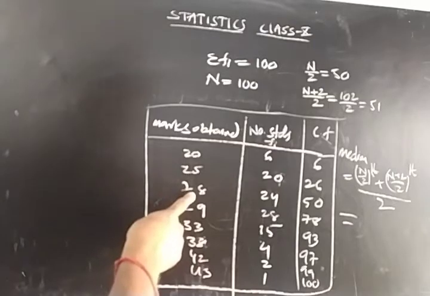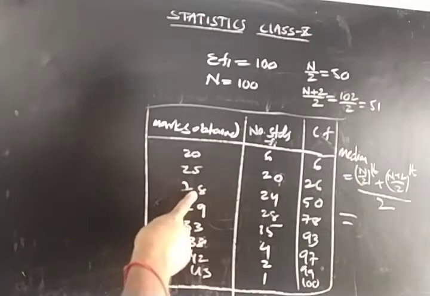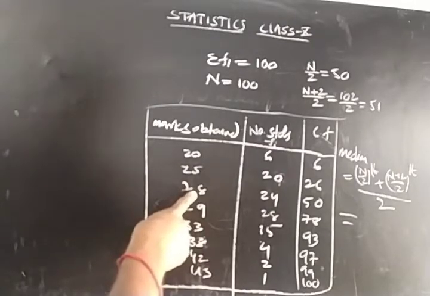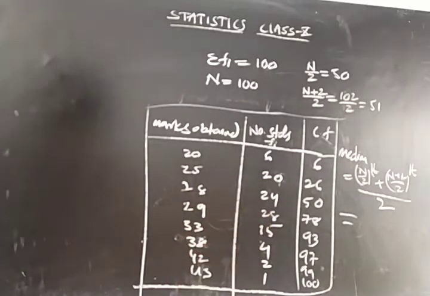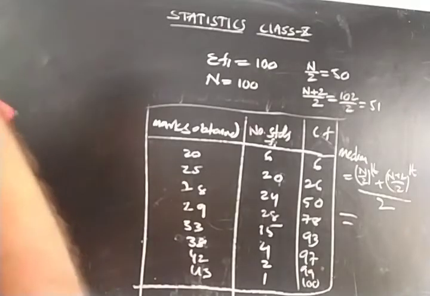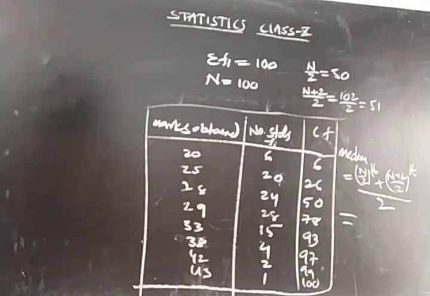Here you will have the 50th observation and the 51st observation. The 50th observation is 28 and the 51st observation is 29. 28 and 29.